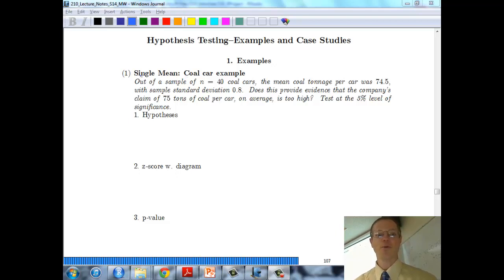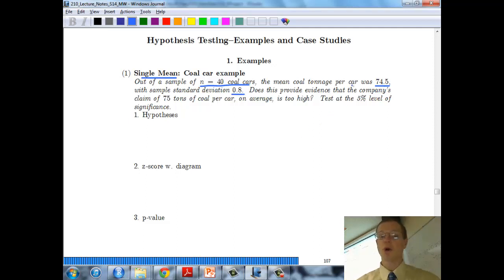All right, we're doing a single mean example, and this is out of a sample of 40 coal cars. The mean coal tonnage per car was 74.5, sample standard deviation 0.8. We did this data before for a confidence interval, so now we're going to roll it into the hypothesis test.